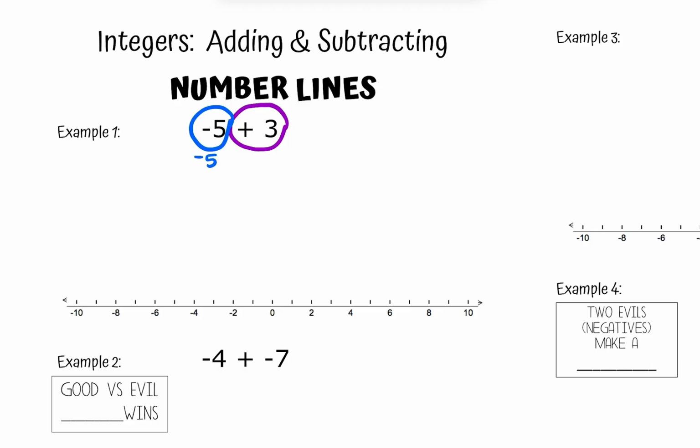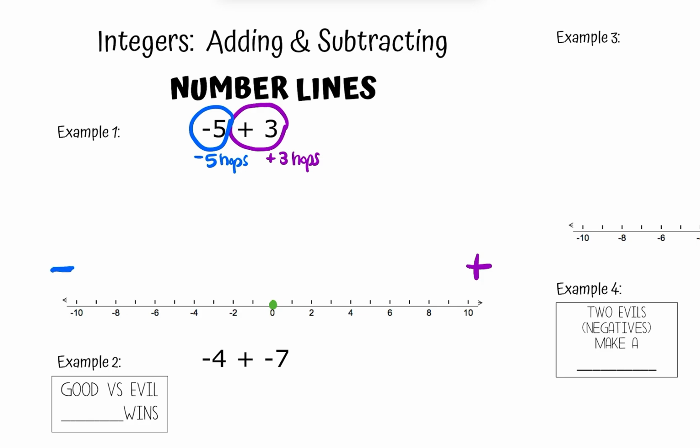So remember, this is a -5 hops, and this is a +3 hops. And where do we start? Well, we are going to start at 0, okay? So I'm going to draw my lines here, and I'm going to go ahead and mark that this is the positive side of my number line, and this is the negative, just to remind myself in case I've forgotten.